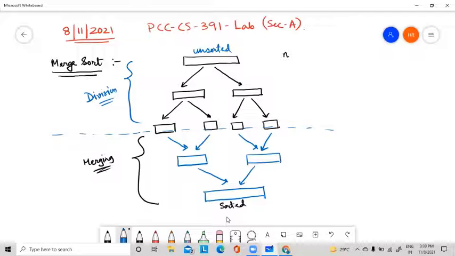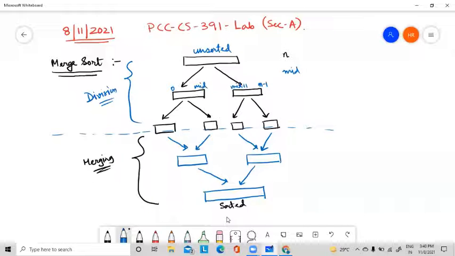The division is very simple. If there are n number of elements, I will purely divide it into two parts by calculating the middle position. One part will be from 0 to mid, and another part will be mid plus 1 to the highest index value, say n minus 1, and it will go on until it becomes a single element.